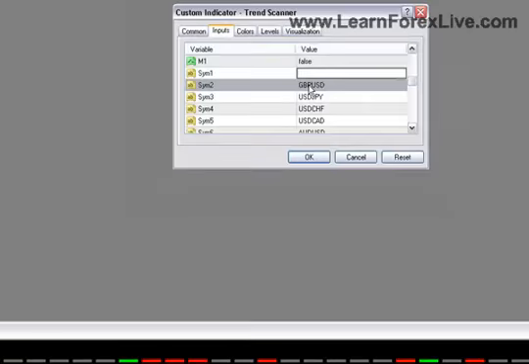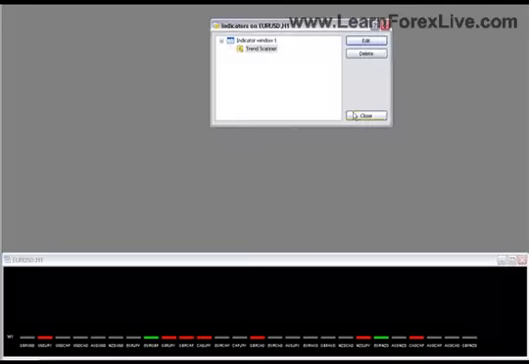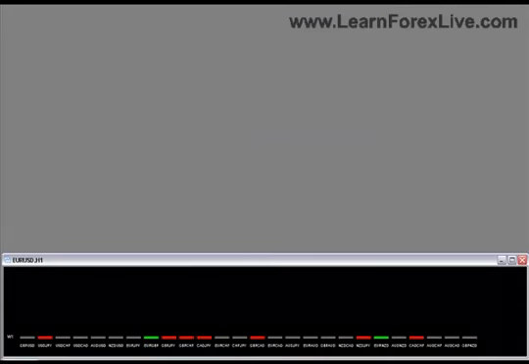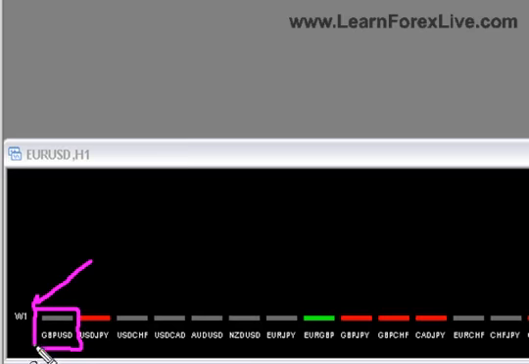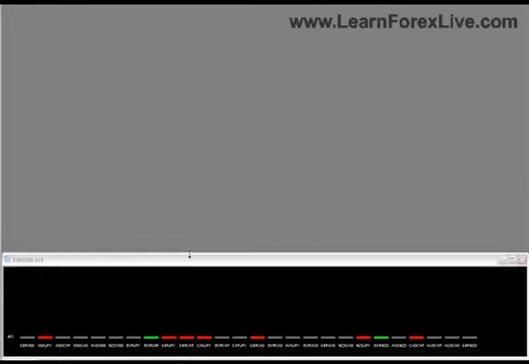You just delete it, click on OK, and as you can see, the trend scanner indicator will only show the trends on the weekly time frame, and the euro is no longer here. The euro against the American dollar was there, the first one on the left. It's no longer there. Since we've edited it out, we are now getting the sterling pound against the American dollar as our first currency pair. Alright, so that's basically how this indicator works.